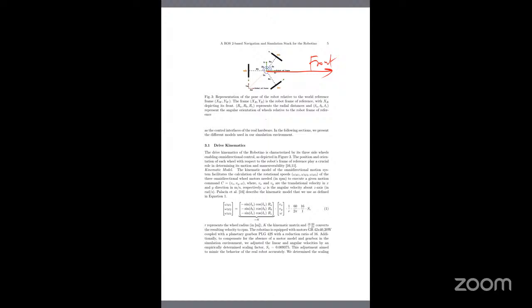Then coming to the wheel position, we have three wheels, wheel 1, 2, and 3, and these are three omni wheels. Every wheel has one position and one angle. Position means radius as well as angle.